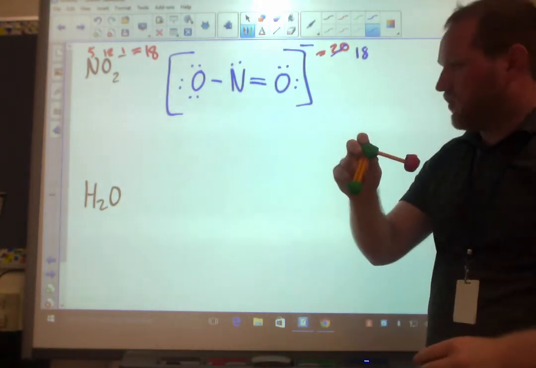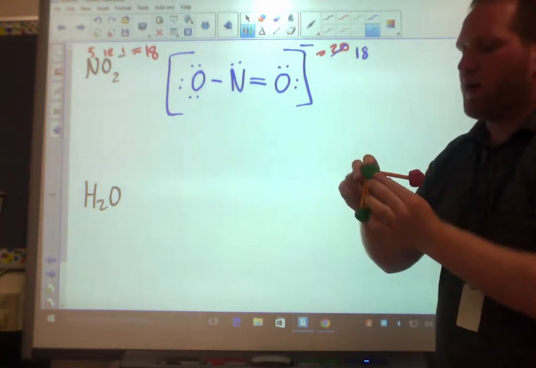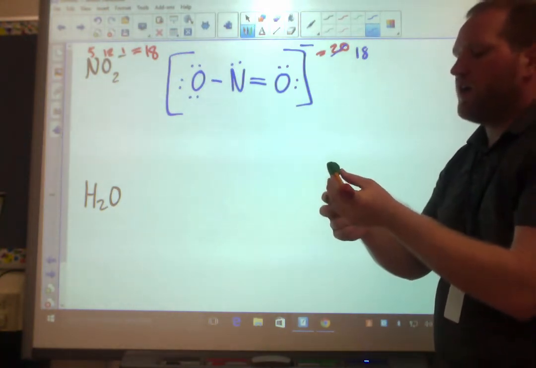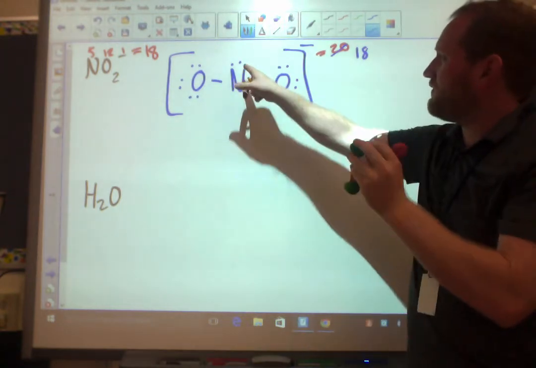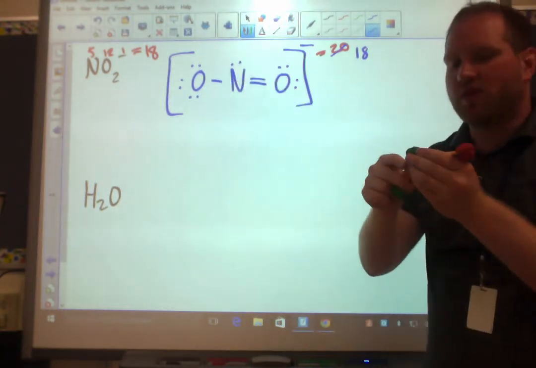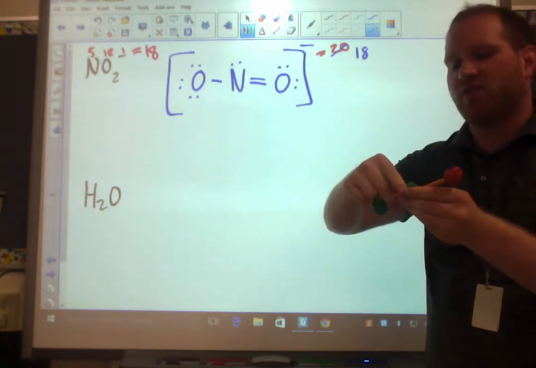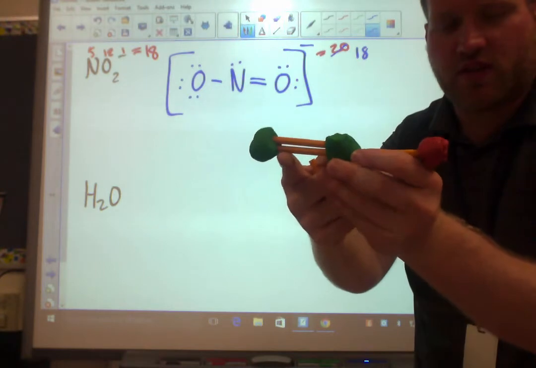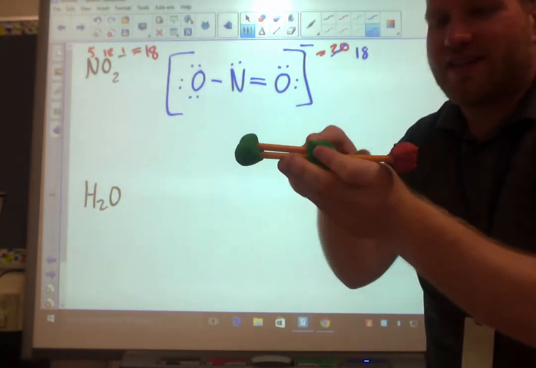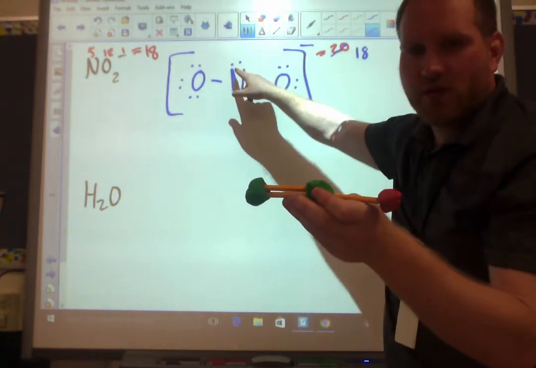That probably resembles water, right? And we're going to see water looks the same way. Now, another way to visualize this is this. If this lone pair weren't there, what would this look like? Well, it would look straight across like this, right? It would look kind of like a CO2, just straight across like that. But this isn't the only thing in play. There's also this lone pair here.